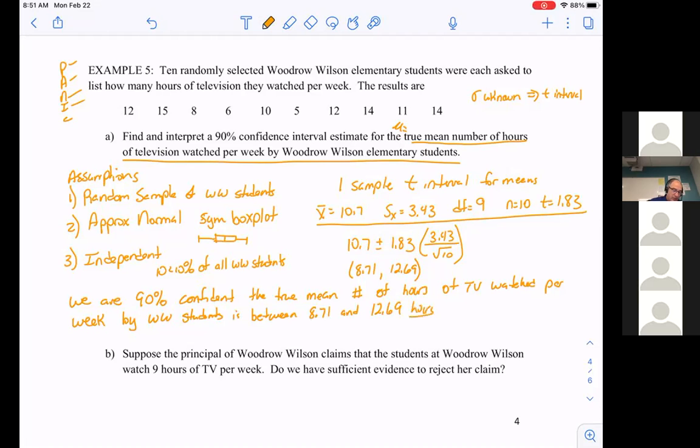And again, I'm double dipping on the units, but that's okay. We want to make sure we get hours in there.